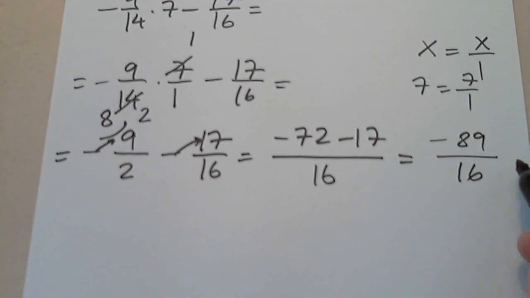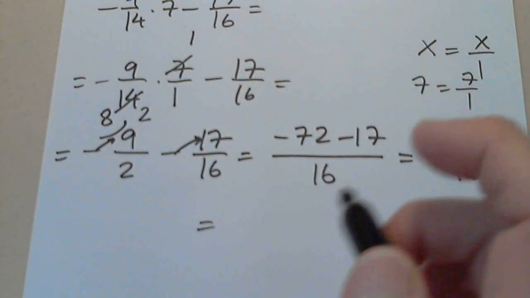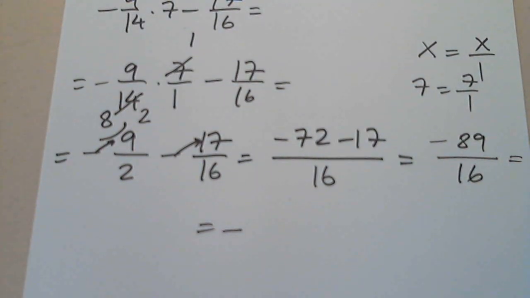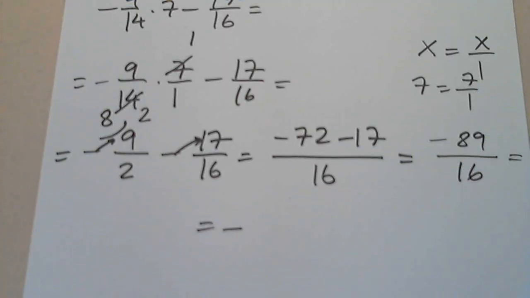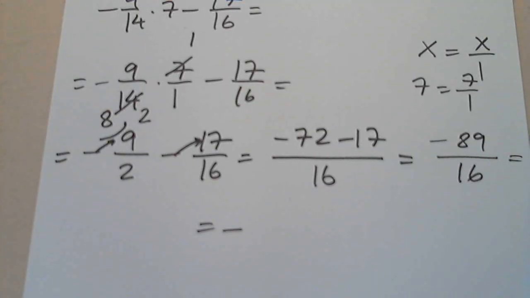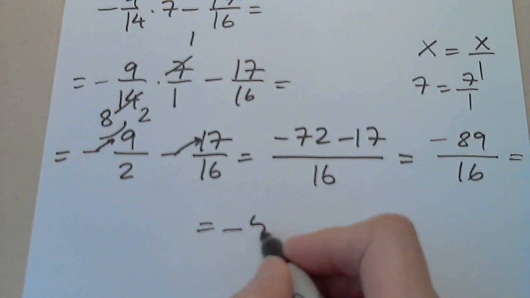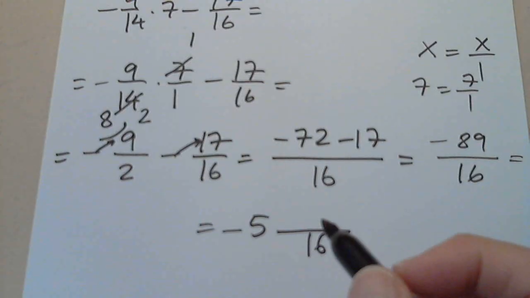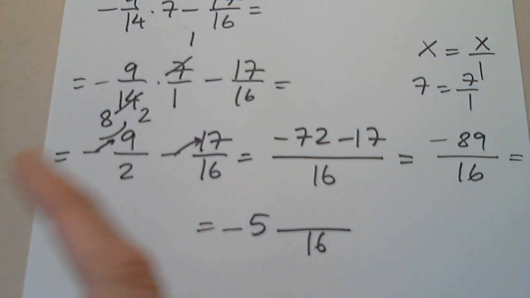First, determine the sign of the outcome. A negative divided by a positive is a negative. Then, divide 89 by 16. When I divide 89 by 16, I get the integers. And the integers are 5. So 5 integers and something over 16. How do I determine that something?